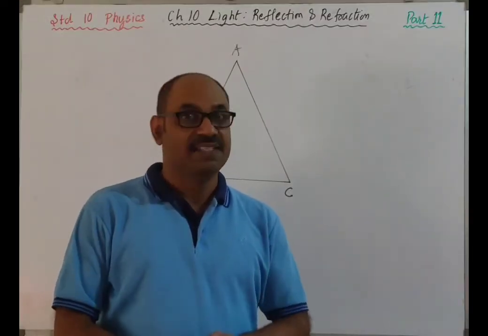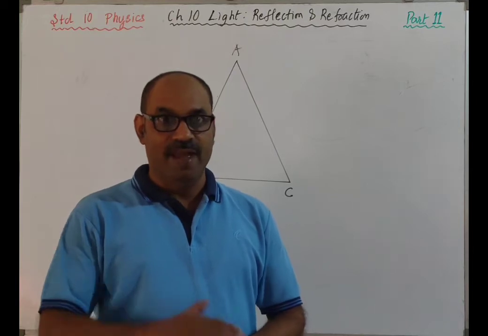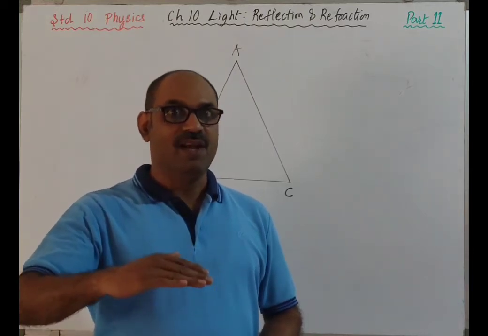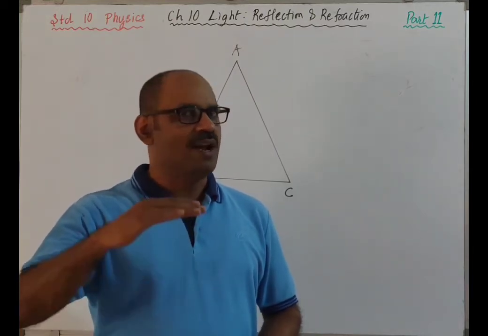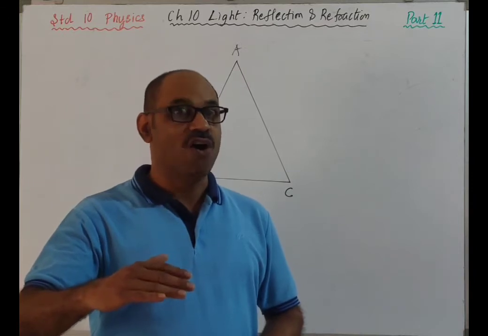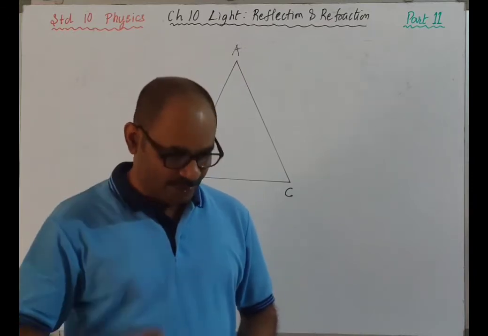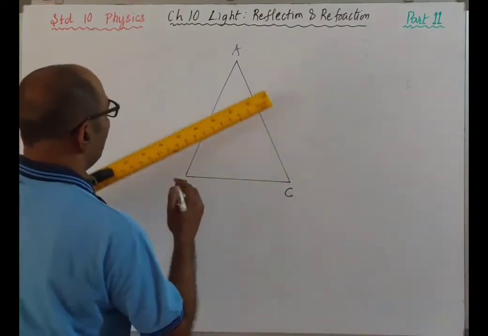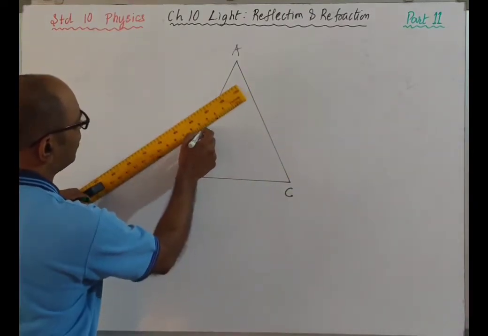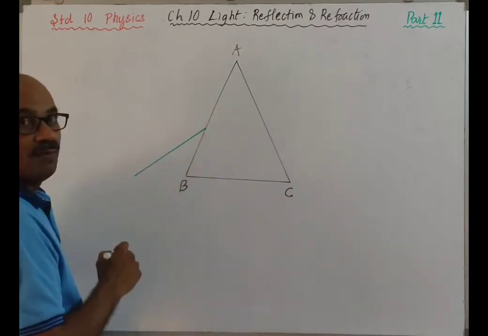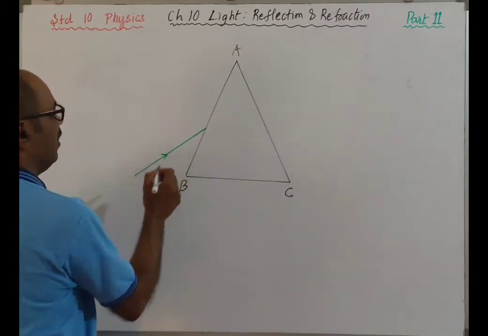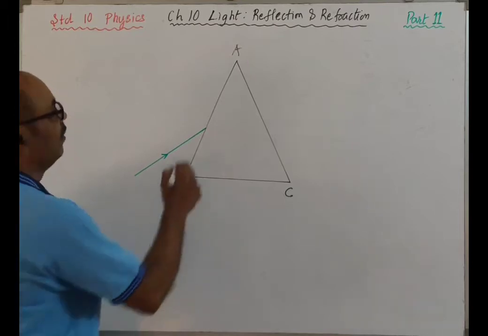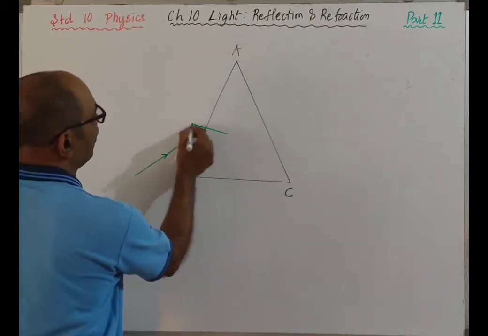Well, now we shall see when an incident ray falls on one of the rectangular faces of the prism at a different angle. Here, if you remember, I took this for the activity. I have to draw the normal, definitely the normal here.